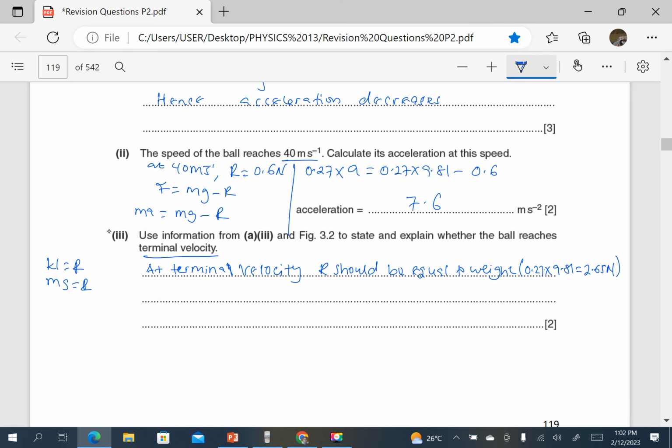At terminal velocity, R should be equal to the weight, that is, 2.65 newtons. Let's see if R has already gone beyond 2.65 at 60 meters per second when it lands.